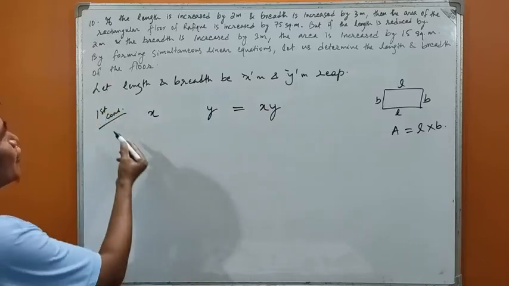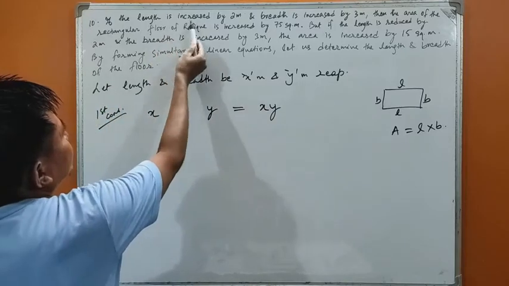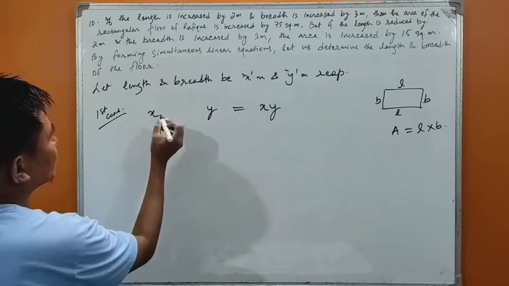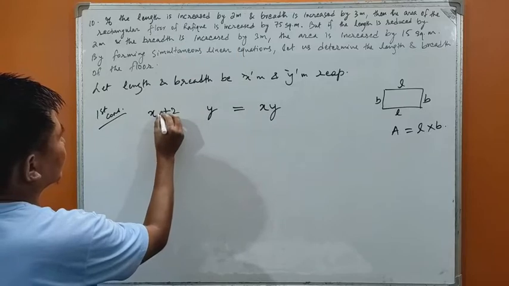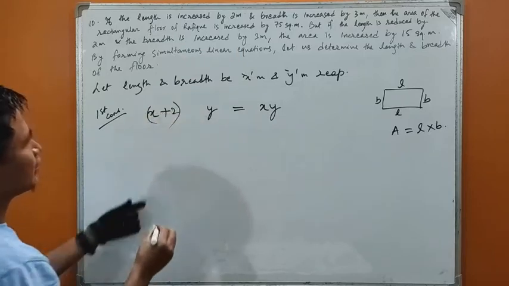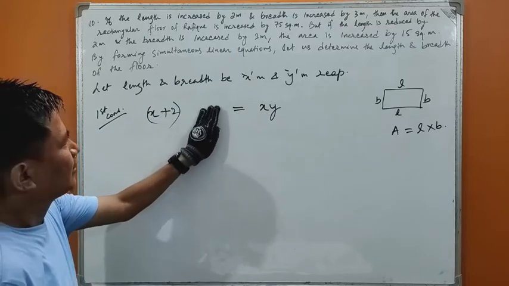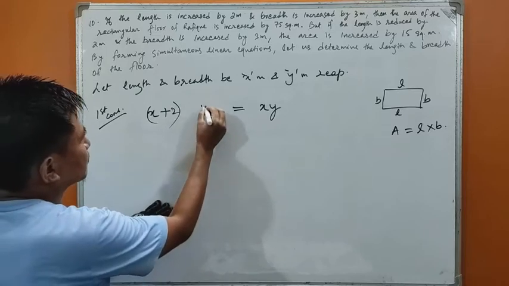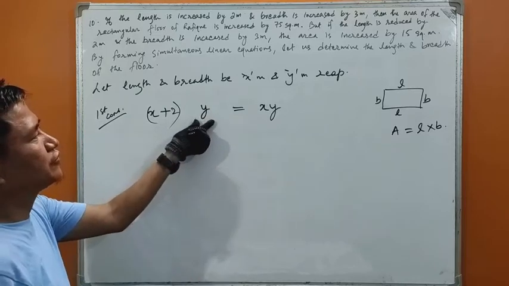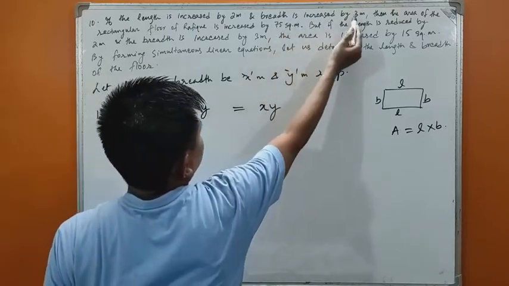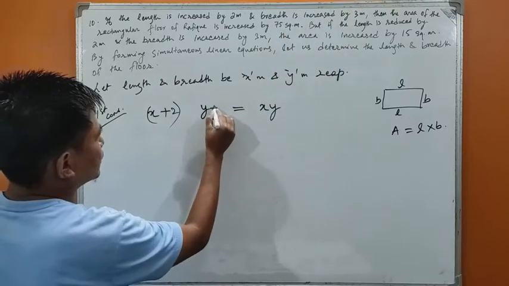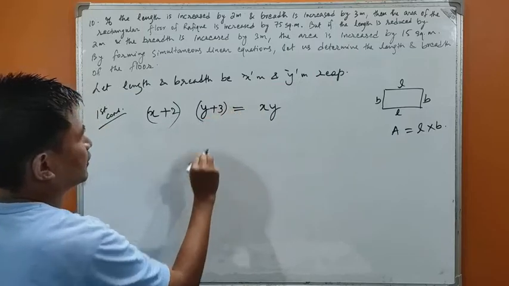But according to the first condition, length is increased by 2 meter, that means we must add 2 to the length, x plus 2. This is the new length, and originally the breadth of the rectangular floor was y meter. Now the breadth is increased by 3 meter, that means new breadth is y plus 3.